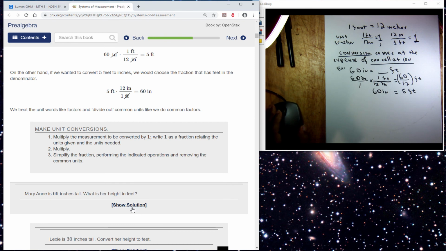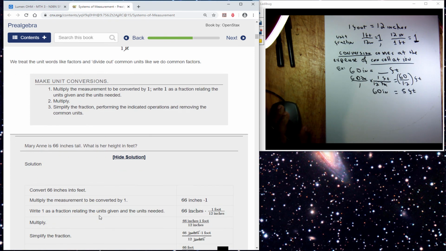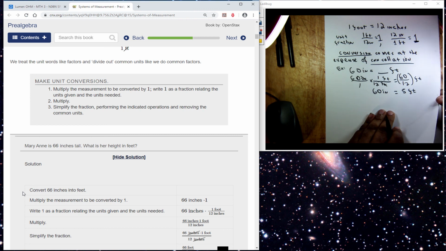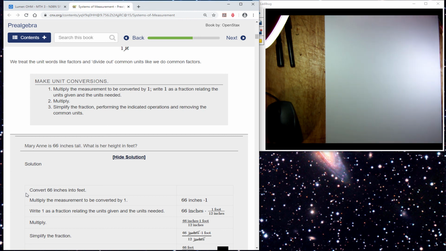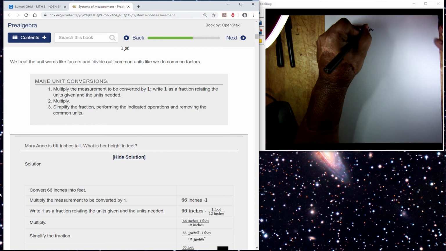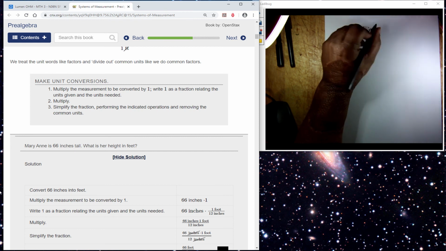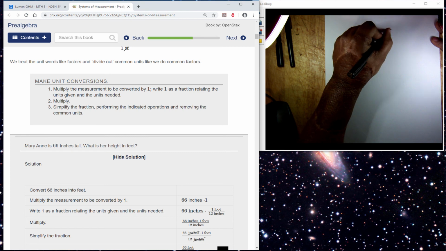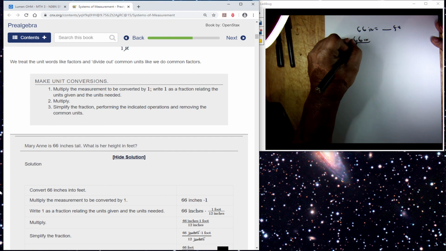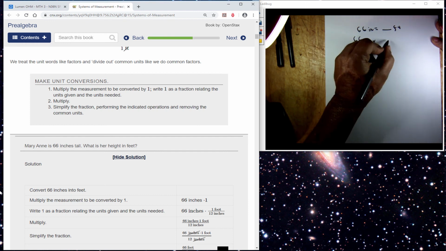So for this first one, Marianne is 66 inches tall. What is her height in feet? So we want to get rid of inches, and we want to replace it with feet.